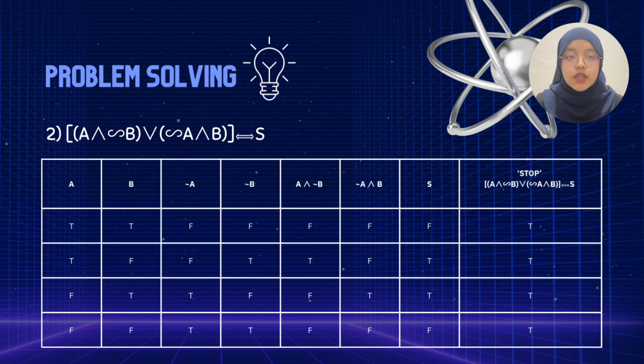Not A and B, false, false, true, false. A and not B or not A and B, false, true, true, false. And the conclusion is, since all true values in column 7 and column 8 are equal, therefore A and not B or not A and B is equivalent to S.